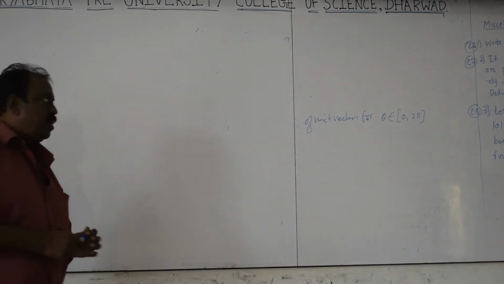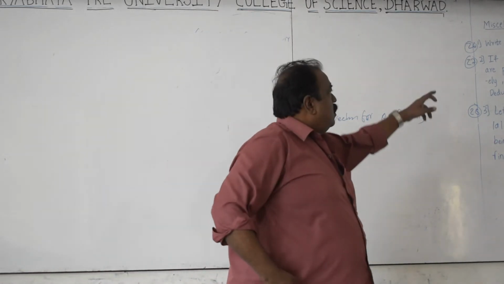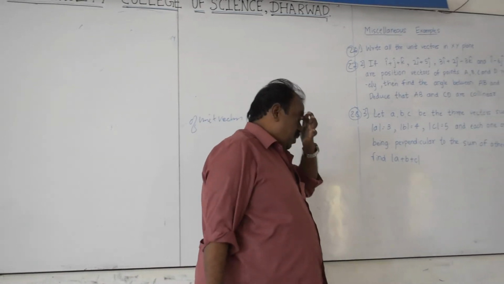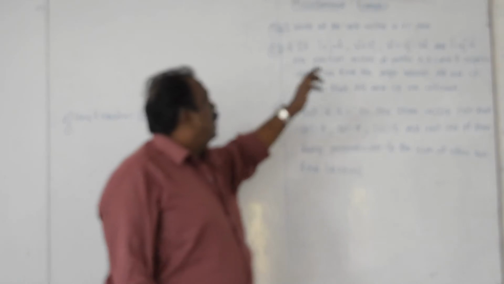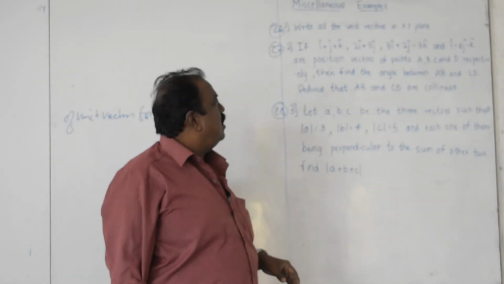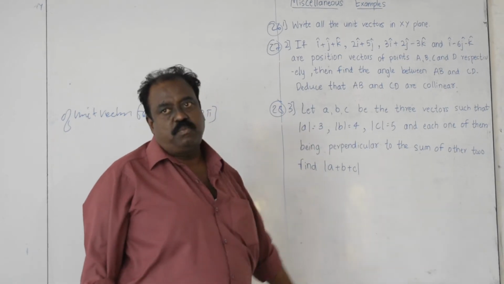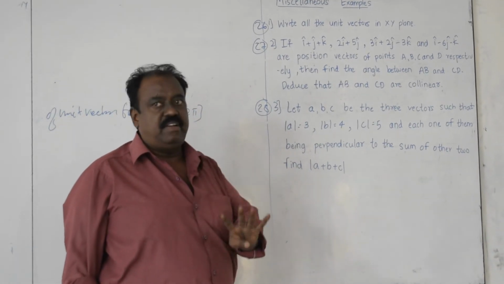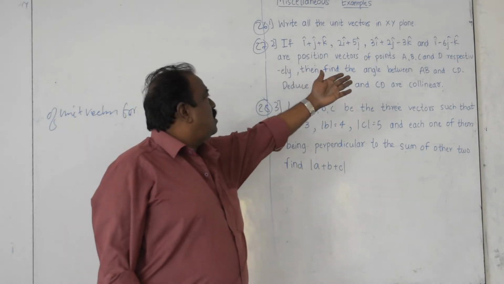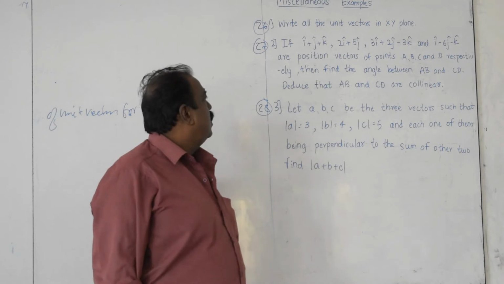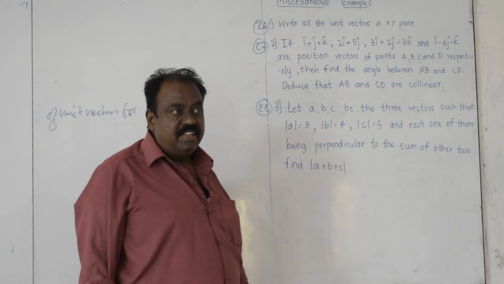What is the next problem? Some vectors are given as component vectors: i plus j plus k, 2i plus 5j (k is not there), 3i plus 2j minus 3k, and i minus 6j minus k. There are four different component vectors, which are the position vectors of A, B, C, D. Then we have to find the angle between AB and CD.